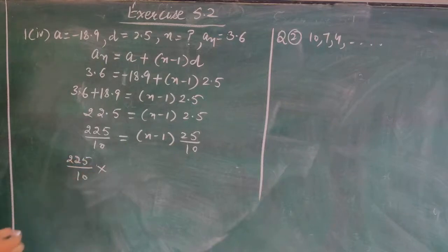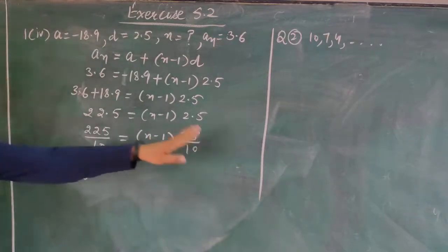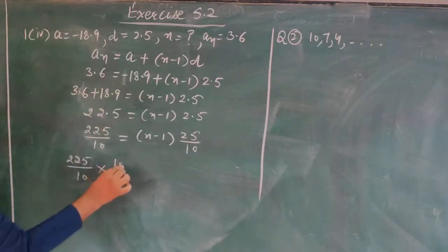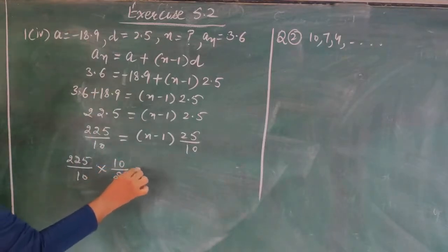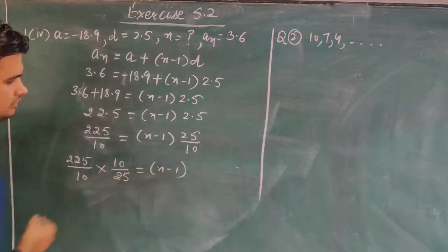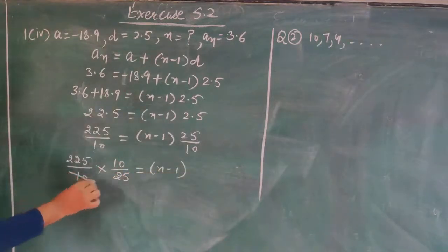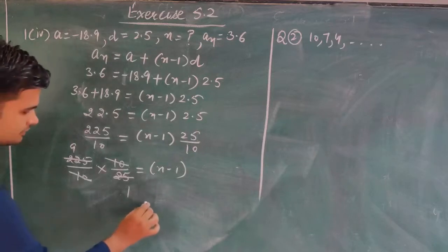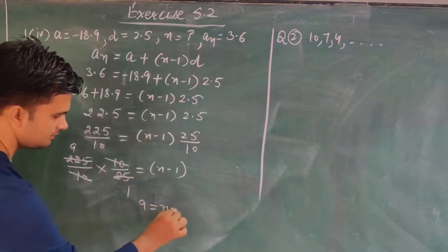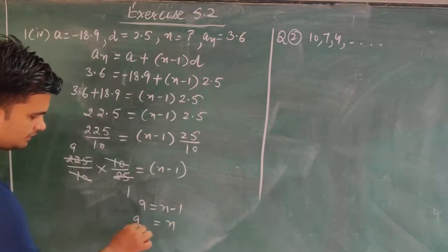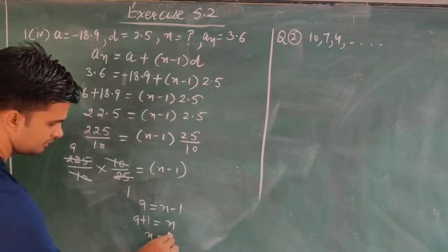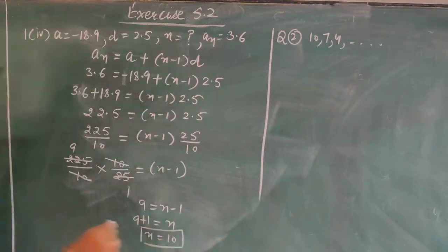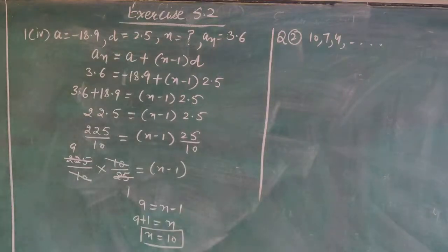This 25 by 10 is multiplying on the left hand side, so we take its reciprocal. 10 and 10 cancel, 225 by 25, 9 is equal to N minus 1, so N is equal to 10. It means the number of terms is 10. Right?